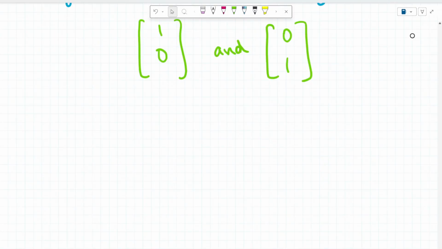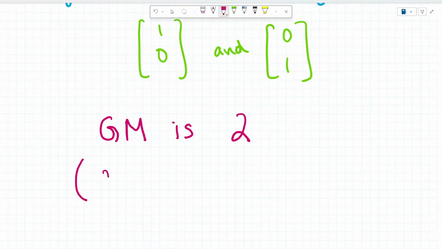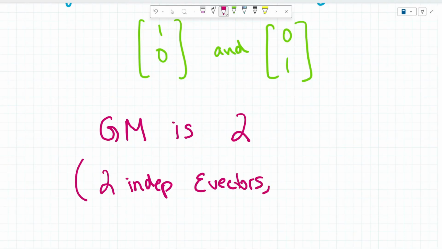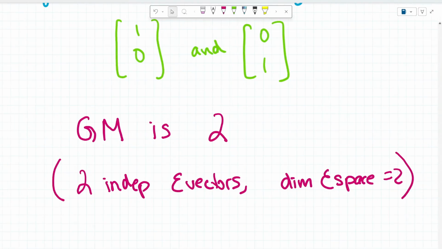It tells us that the geometric multiplicity is 2. Again, why? Because we have two independent eigenvectors associated with that eigenvalue, and the dimension of our eigenspace equals 2. These are both reasons why our geometric multiplicity is 2.